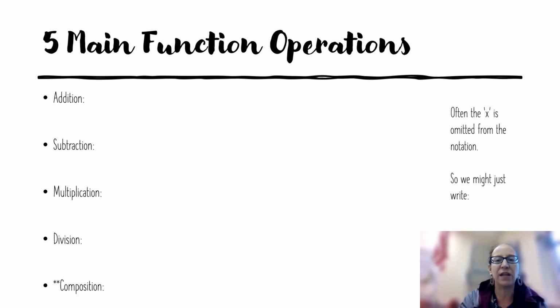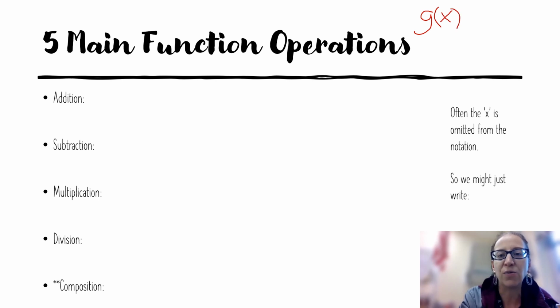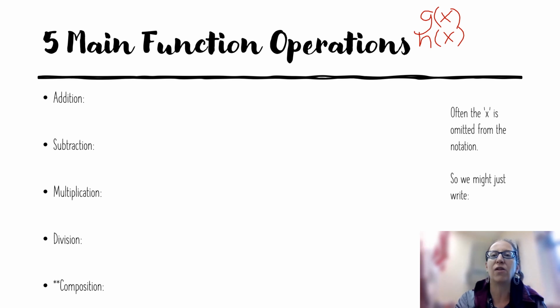But other function names that you will see a lot of times, I'm going to make the notes up here. You'll see g of x. You will see h of x, okay? And literally that is because they come after f in the alphabet. So you have A, B, C, D, E, F, G, H. That's all there is to it.